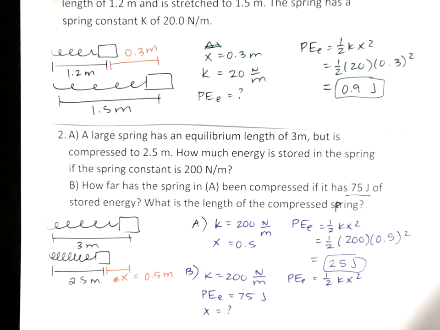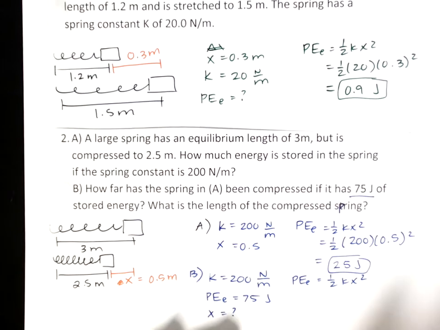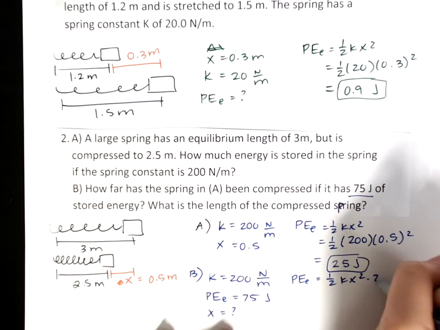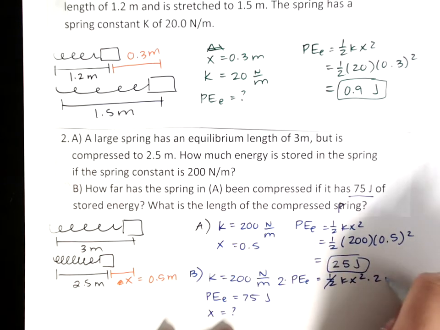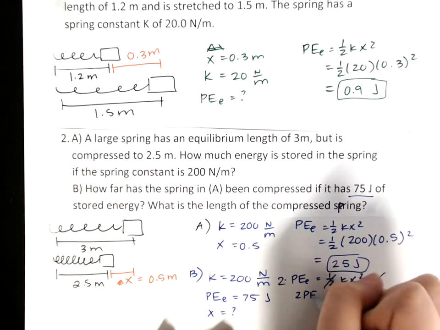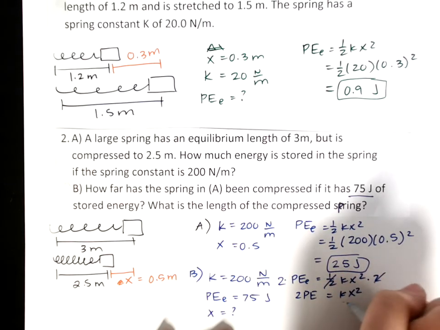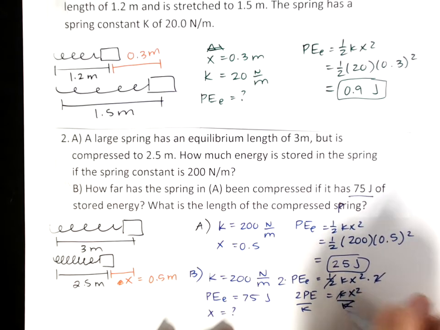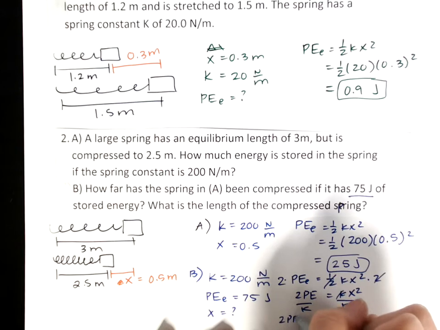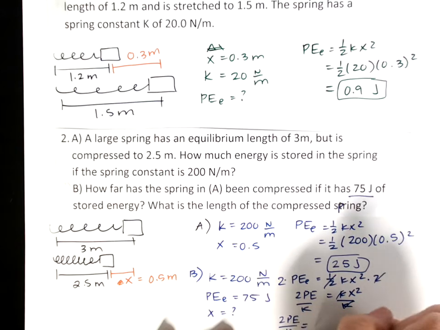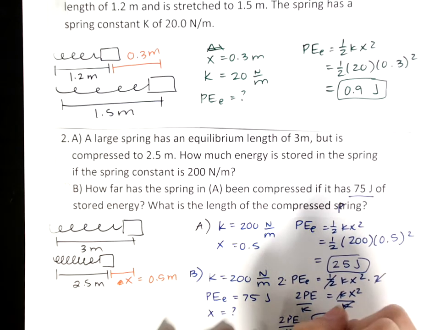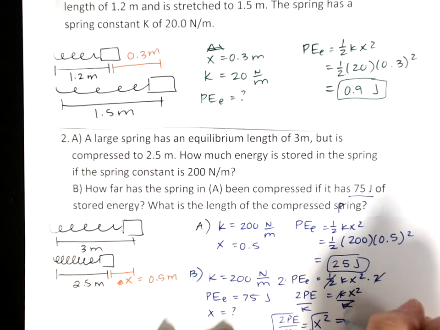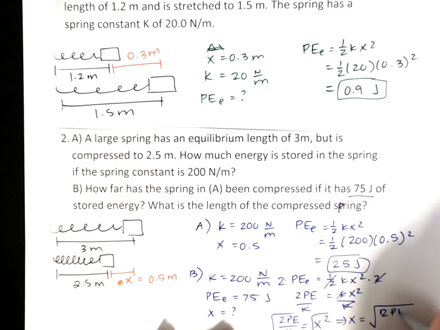And like always, I solve for my unknown before I plug in my givens. So I multiply 2 on both sides. That cancels this half out. We're left with 2PE equals kx squared. I divide k on both sides. We're left with 2PE over k is equal to x squared. Take the square root of both sides, and we get x is equal to the square root of 2PE, potential energy, over k.